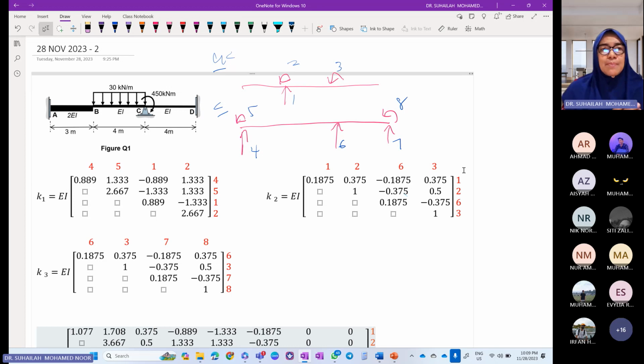For example, the ends of the structure are nodes. A and D are nodes because they are the ends of the structure. Support is also a node.